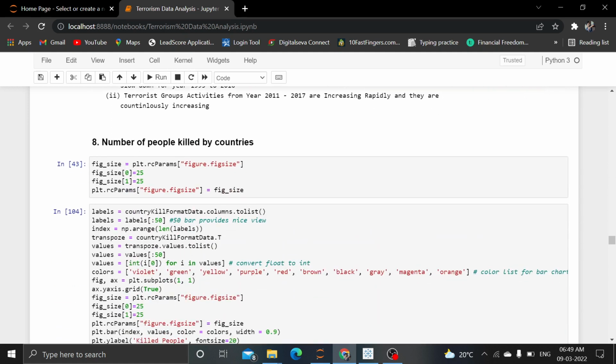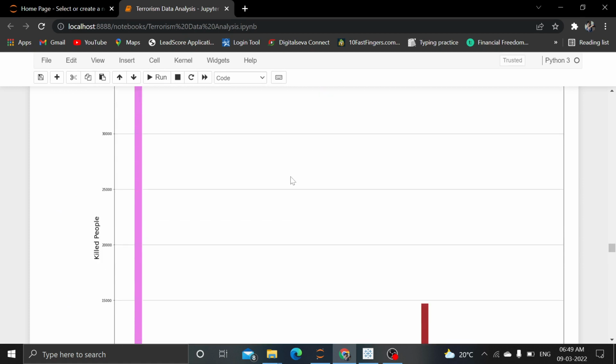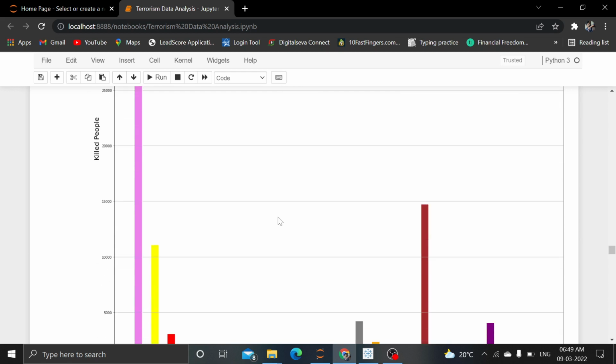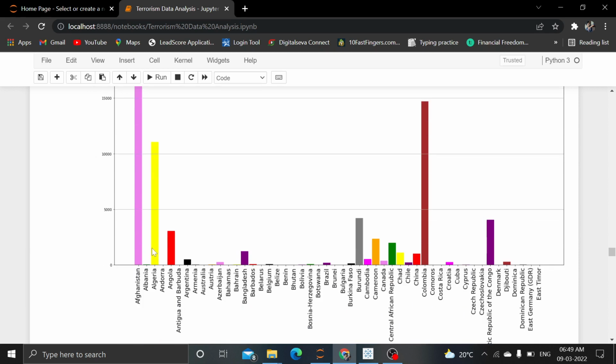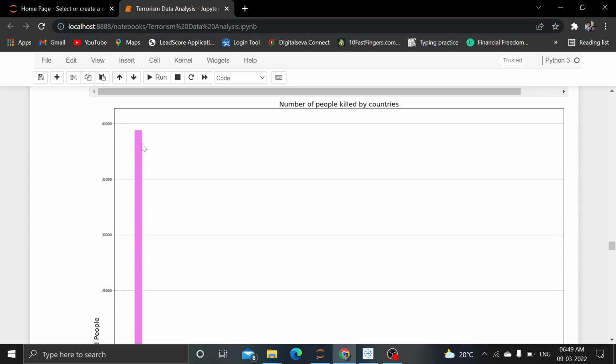Here after, the number of people killed by country. This graph tells about the number of people killed by countries. The most people were killed in Afghanistan, and it is a huge number.